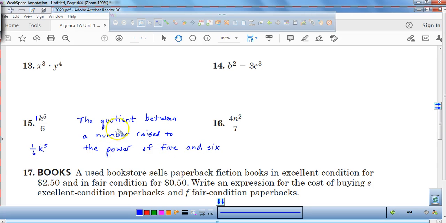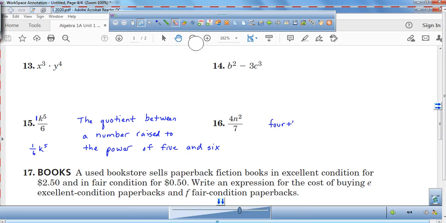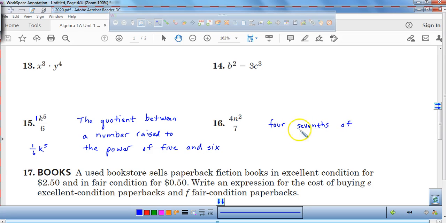So instead of calling it a quotient, I could actually say the product between 1/6 and k to the power of 5. Just like on this one, I could say 4/7, not fourth, my bad, 4/7 of, because of means multiply, 4/7 of a number squared.